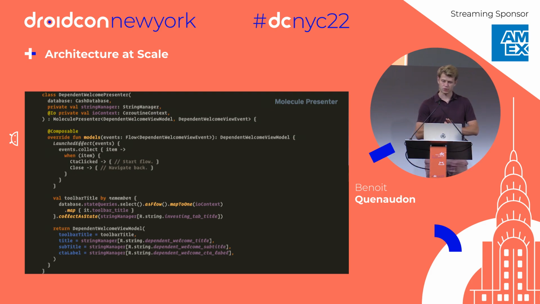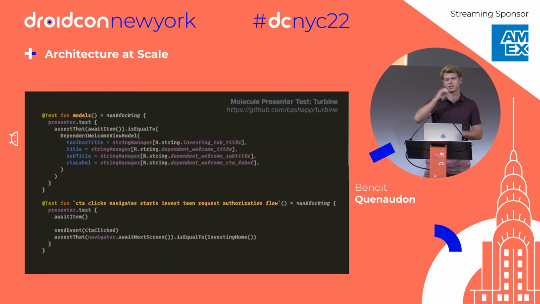And tests as well. Because Molecule takes a composable and makes it a flow, for testing you can use Turbine, because that's the library you want to use for testing. This is great because it also makes sure that you don't forget to consume events, or that an error isn't happening. And as you can see, the tests are pretty simple to understand, easy to review, easy to write, which is always helpful.